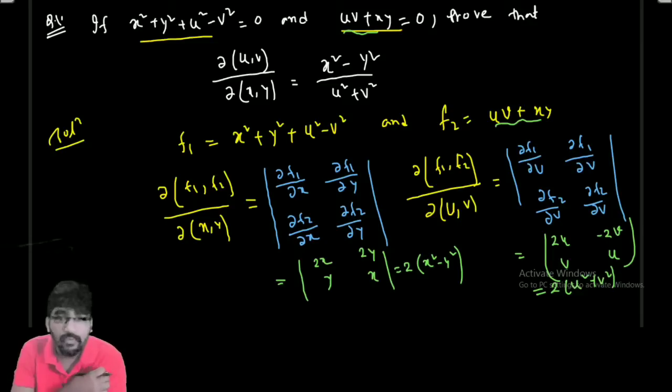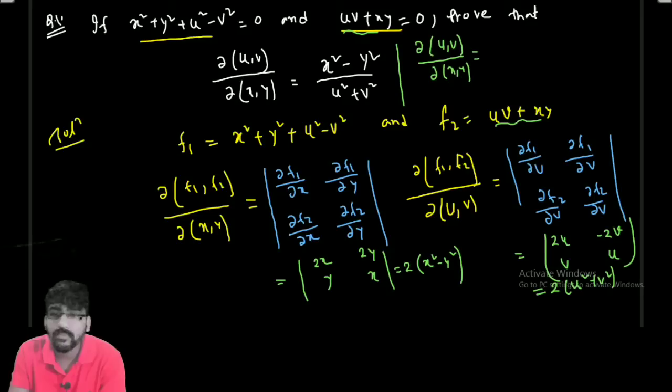Now you have to calculate ∂(u,v)/∂(x,y). It will obviously be (-1)² times this divided by this, which is 2(x² - y²) divided by 2(u² + v²).